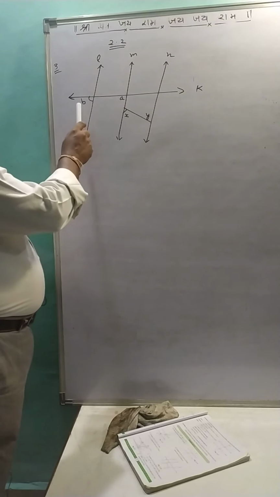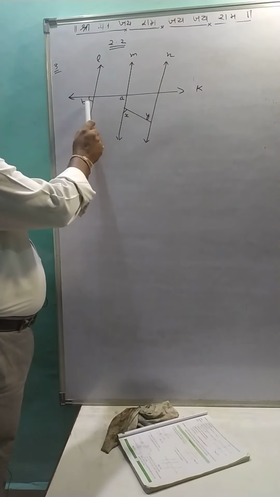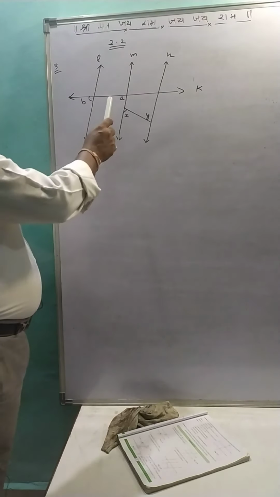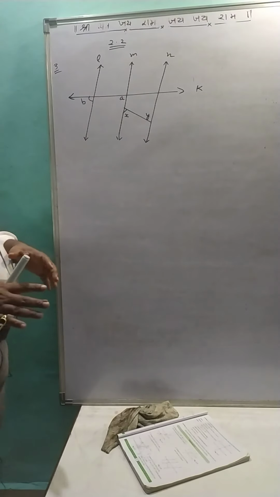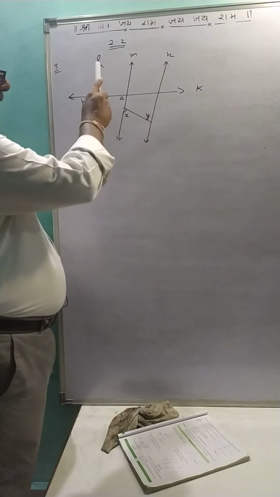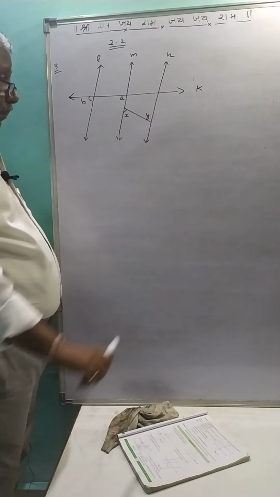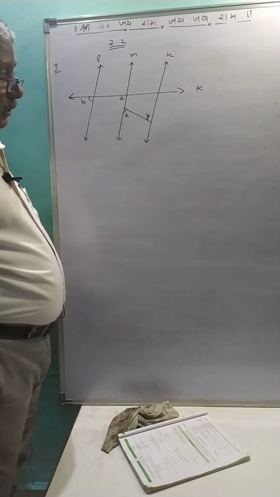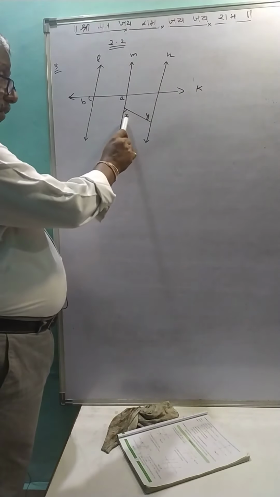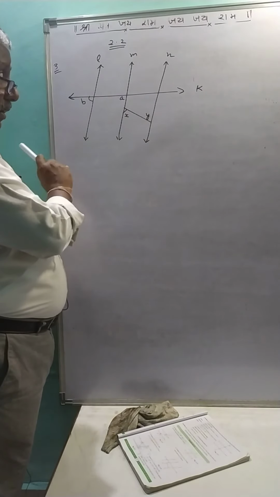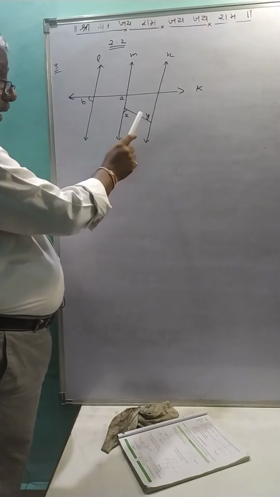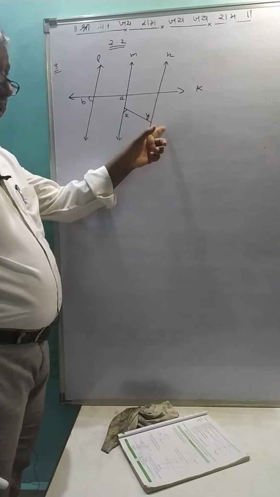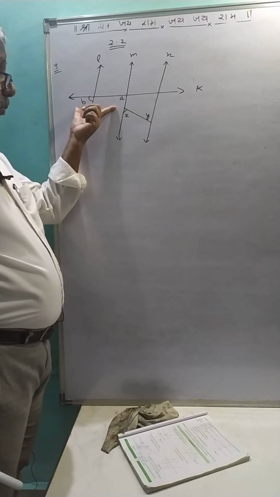We know that if this angle B and this angle A are corresponding angles, and if they are congruent, then by the corresponding angle test we can say line L is parallel to line M. Now similarly here angle X and angle Y are alternate angles, and if they are congruent, then we can say that line M and line N are parallel by the alternate angle test.